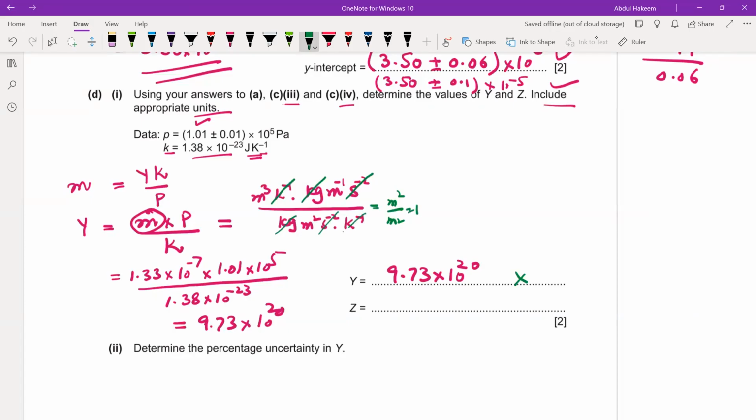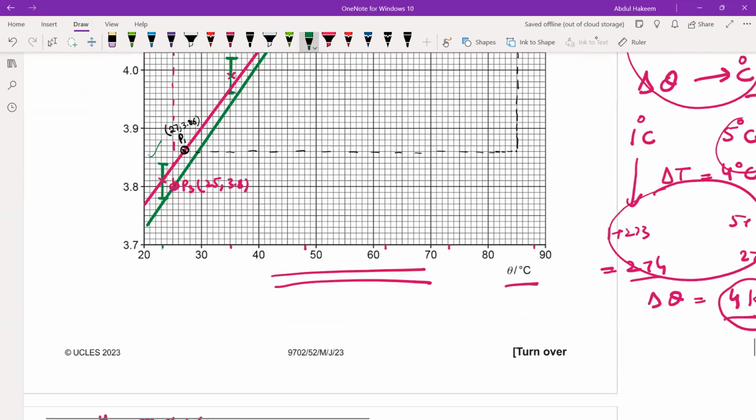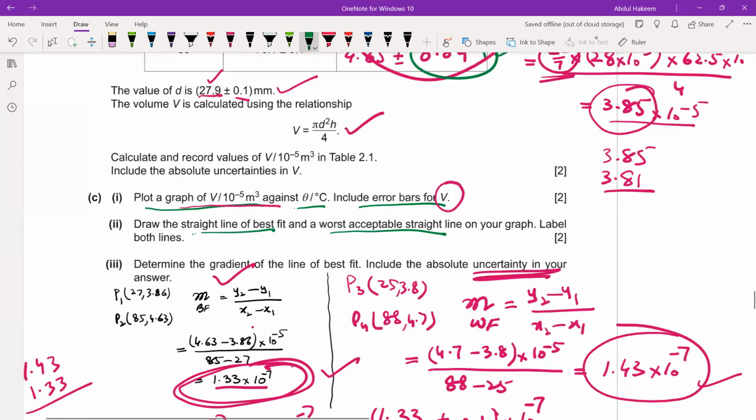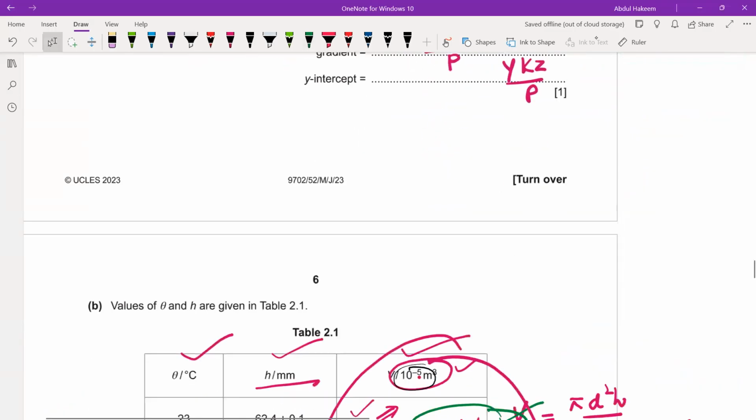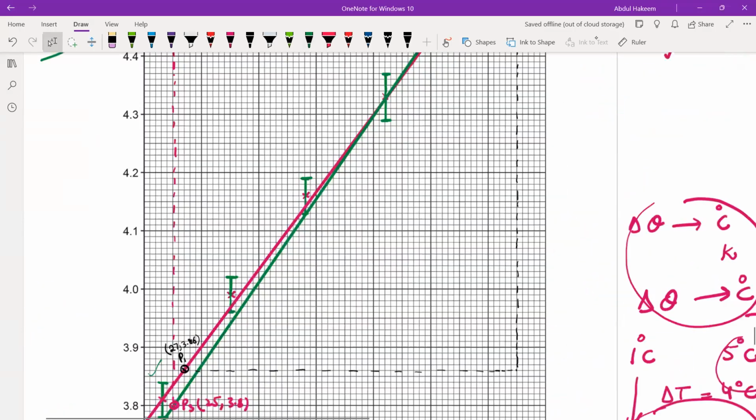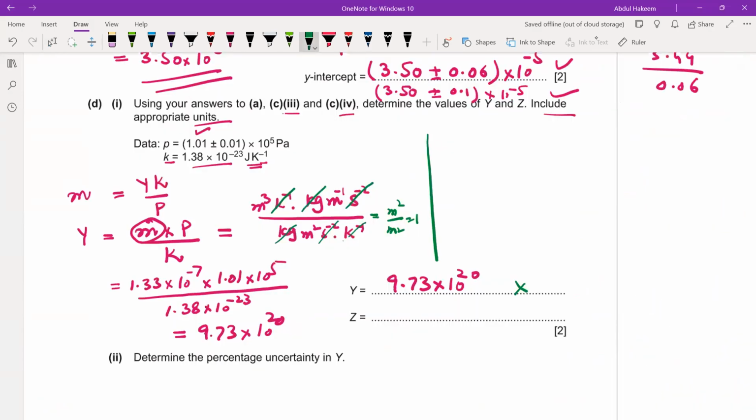And then we have to calculate the value of z. Look at the second, the y-intercept has z, which is yk over p. So we will write here y-intercept is equal to ykz over p.